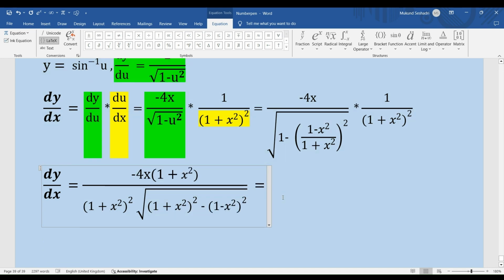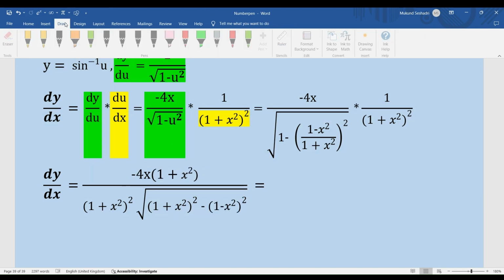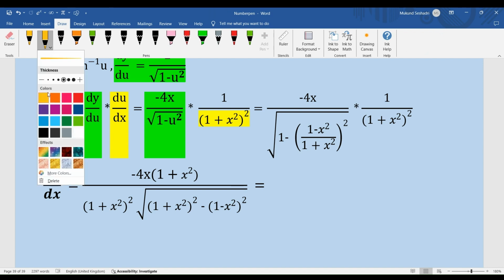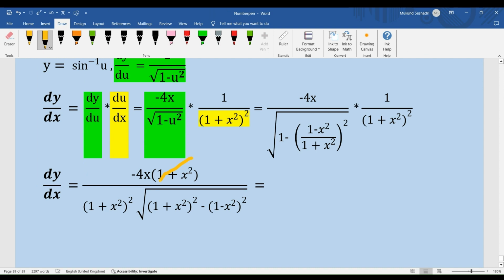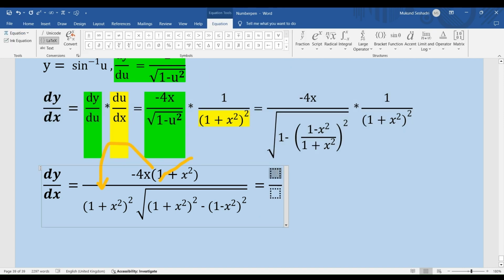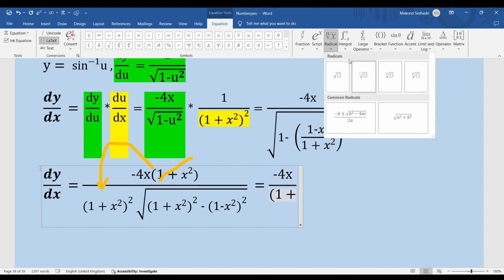So I can pull out my pencil and I can cancel out one of the 1 plus x square, right? So I'm going to remove this with this, right? So what do I get? I get minus 4x divided by 1 plus x square, because I've cancelled out the other x square term.